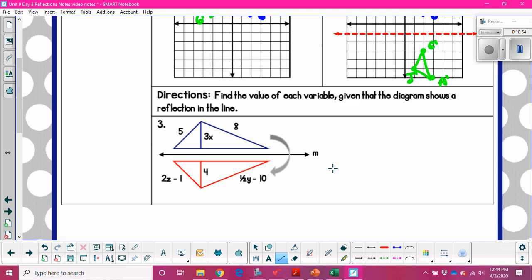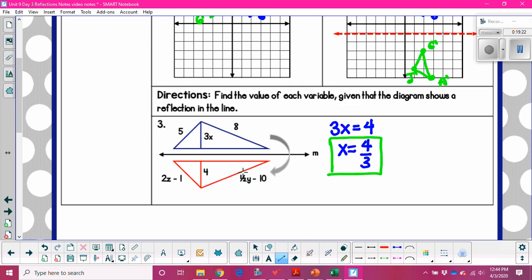Okay, so let's look at x. You have 3x right here, and it corresponds with this right here that is 4. So your equation is going to be 3x equals 4. So x is 4/3. Okay, so looking at the next one, let's do y.